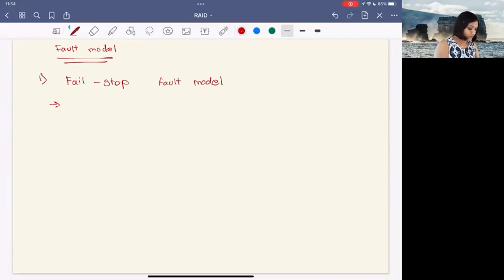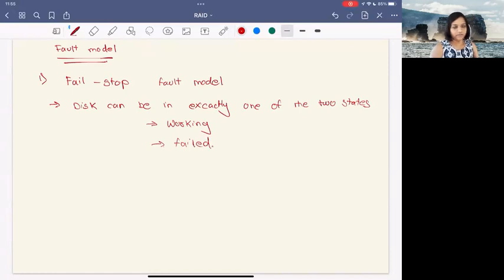What the fail-stop model says is the disk can be in exactly one of two states. That's either working fine, so nothing's wrong with it, or totally failed.